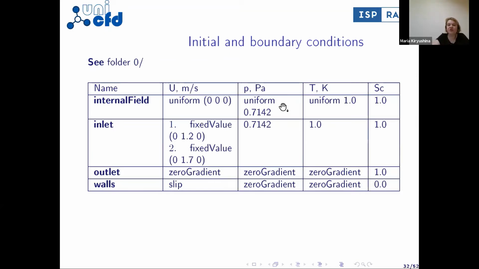The temperature is 1 Kelvin. For the inflow, we fix the same temperature and pressure, and velocity is 1.2 in the y direction, which is directed upward. And the parameters of our task are so selected that 1.2 is equivalent to the Mach number.